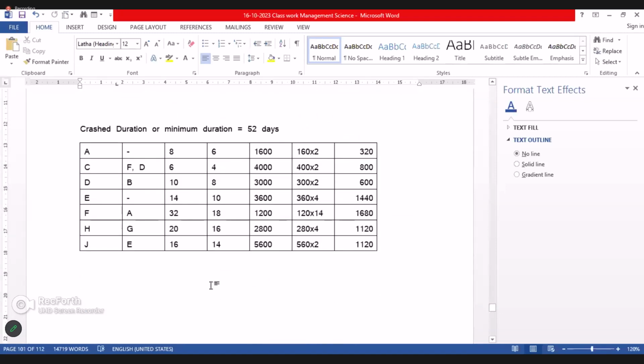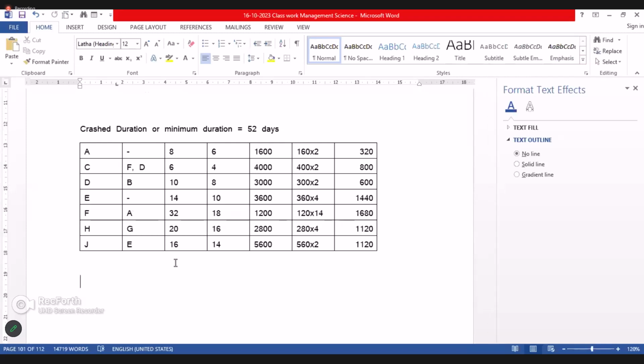So which is the highest cost slope out of these seven items?